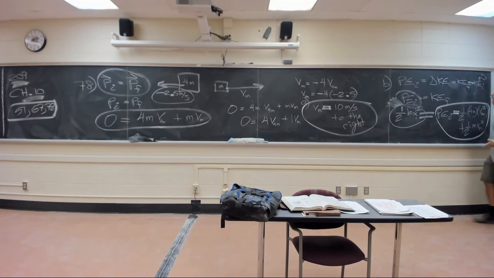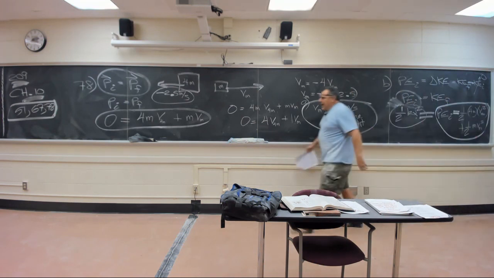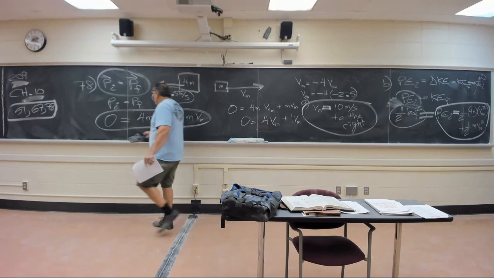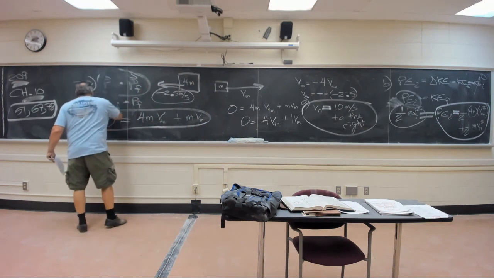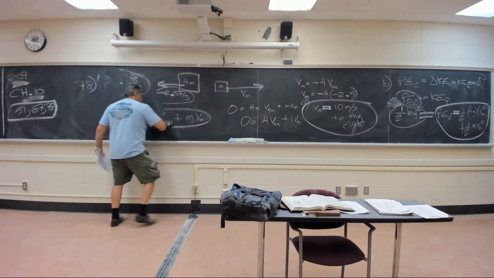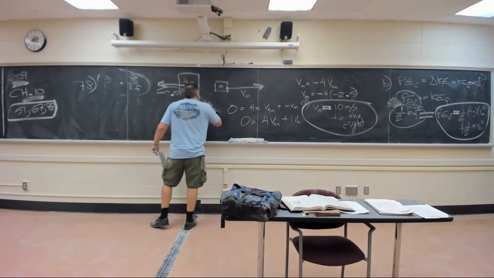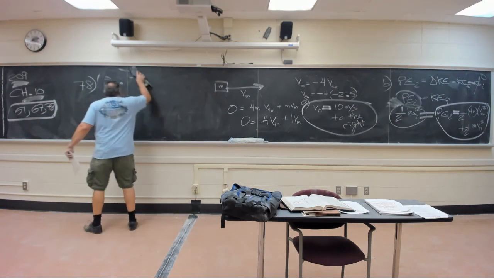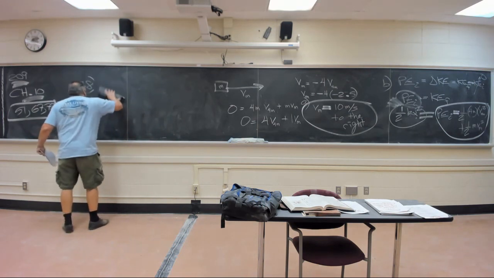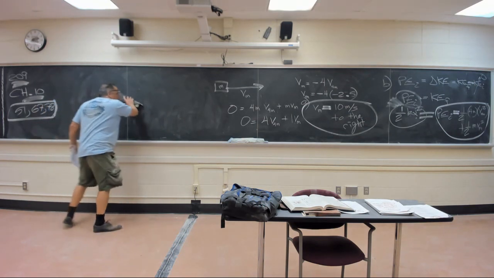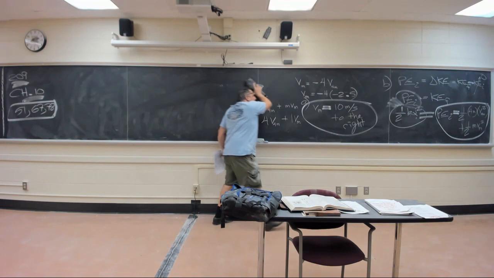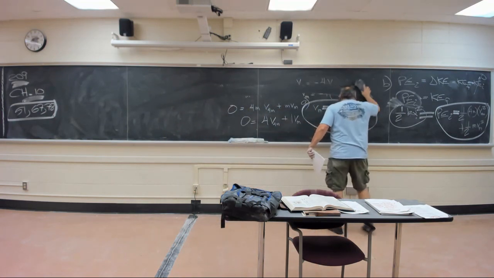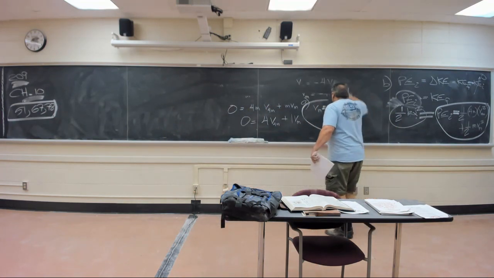I'm not done, but that's what I got to do. I got to find the kinetic energy of the 4m mass, and I got to find the kinetic energy of the 1m mass. You got to find the kinetic energy of each mass, add the kinetic energies together, and that's essentially what's going on, you guys.